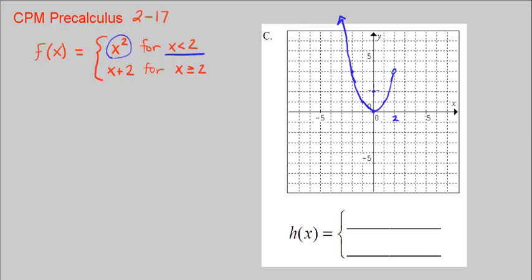Going up 1 over 1, up 1 over 1, and so on. So this is going to be our graph here. And I'm going to close this circle here because that's part of x plus 2, when x is greater than or equal to 2.